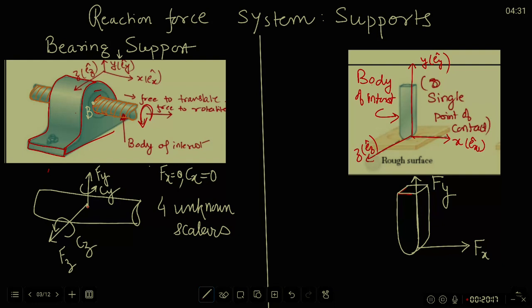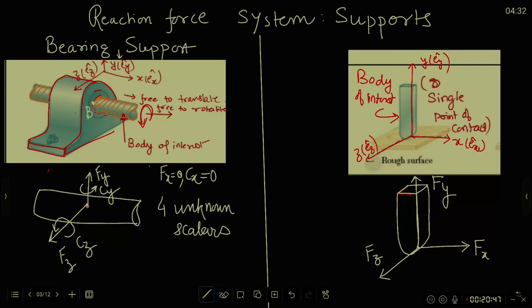Fy should not be absent from your FBD. In the z direction, if you try to translate the body along z, will the rough surface resist that? Yes, it will, because there is friction force. I put Fz. And again, I am not worrying about which direction I put Fz, plus or minus. It should be non-zero.